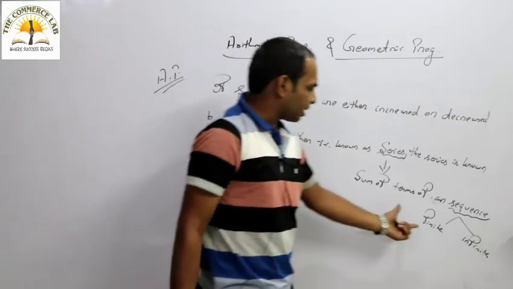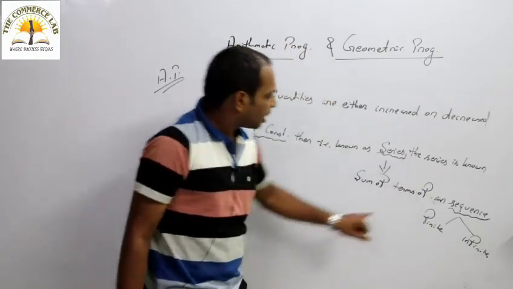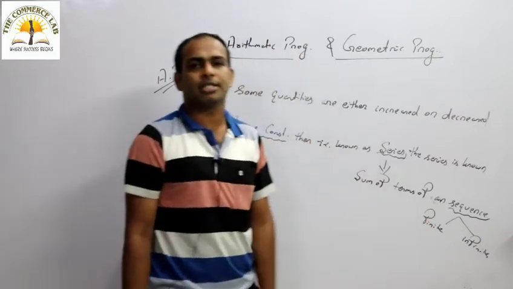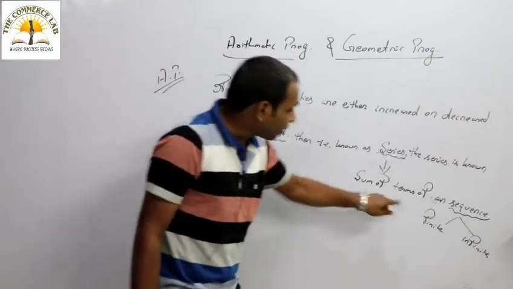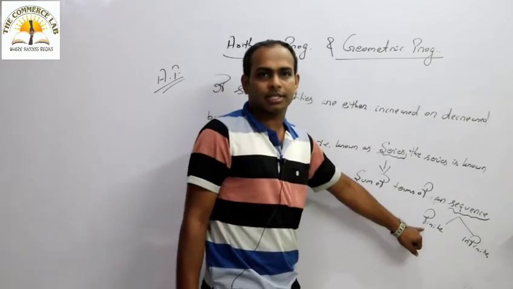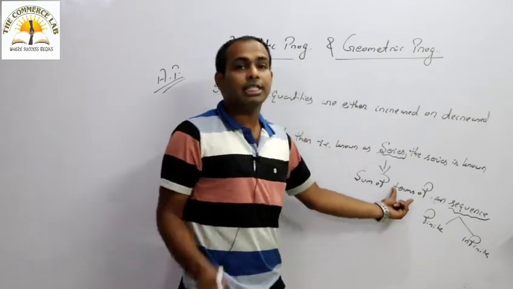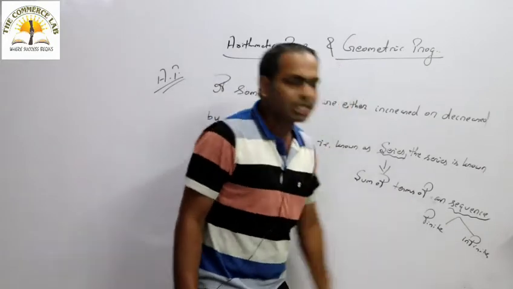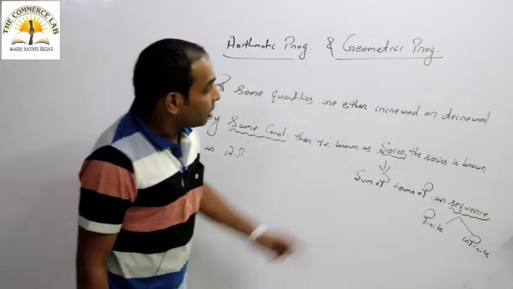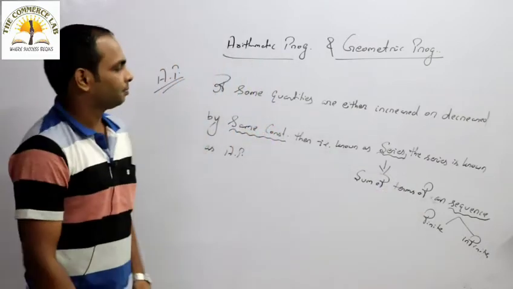So what do you mean by finite sequence? If the number of terms is finite, then it is known as a finite sequence. If the number of terms is infinite, then it is known as an infinite sequence. Then what do you mean by sequence?